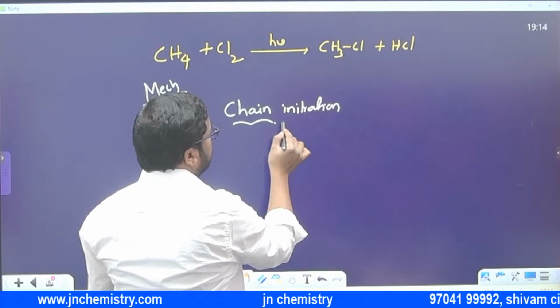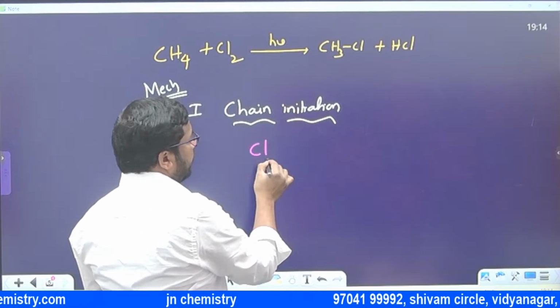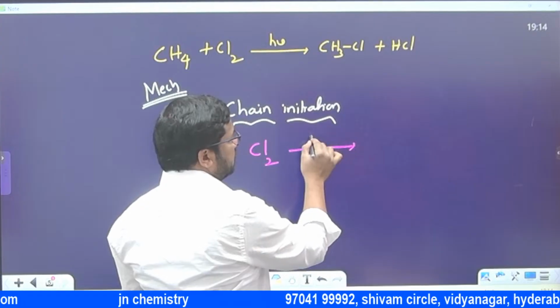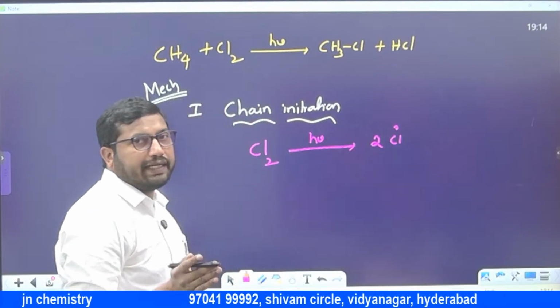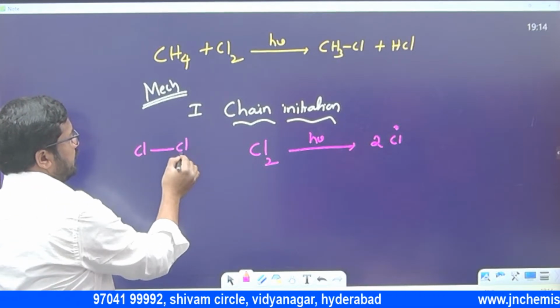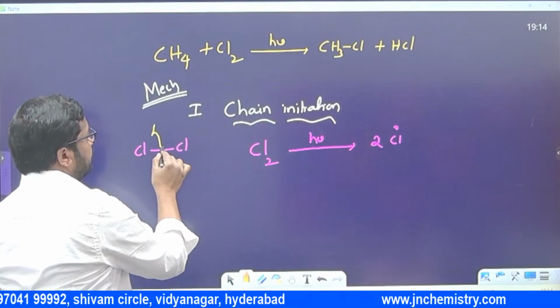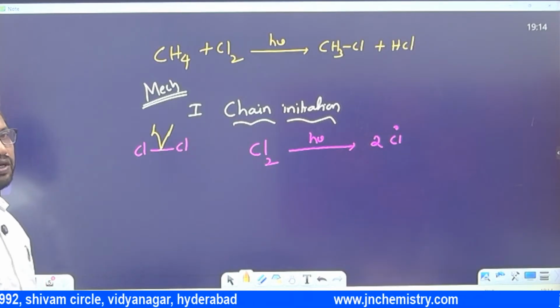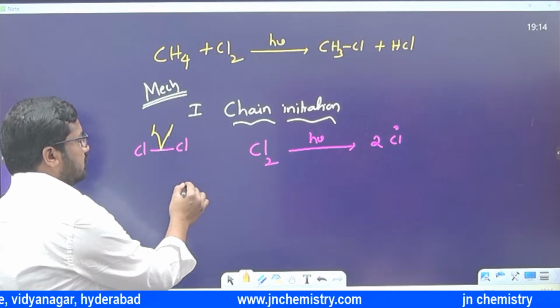In chain initiation, what exactly happens? This chlorine, Cl2, undergoes homolytic cleavage. 2 Cl radicals are forming. Homolytic cleavage means equal cleavage, as I told you. 2 chlorine radicals. This is the chain initiation.